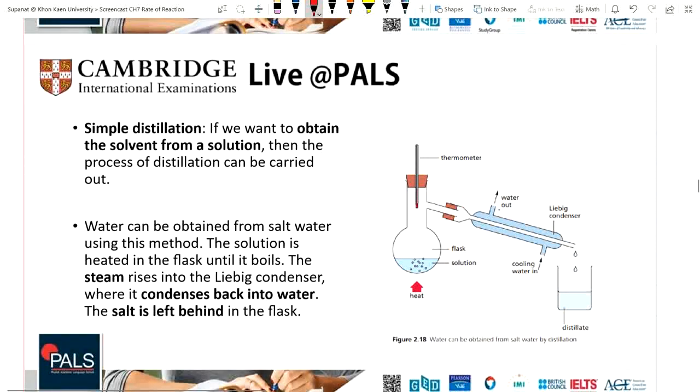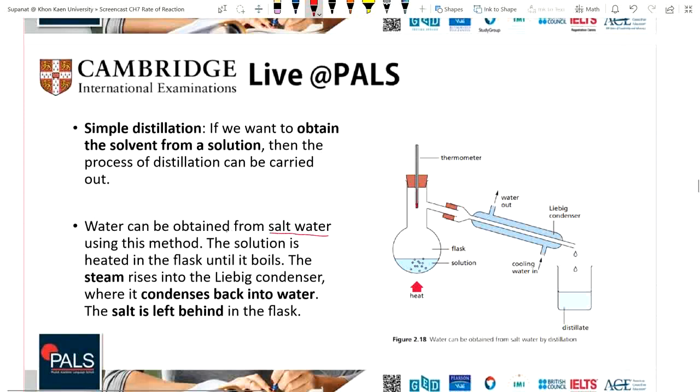And here, the separation of the solution mixture. Okay, the simple distillation. If you want to obtain the solvent from the solution, then the process of distillation can be carried out. Okay, water can be obtained from salt water.